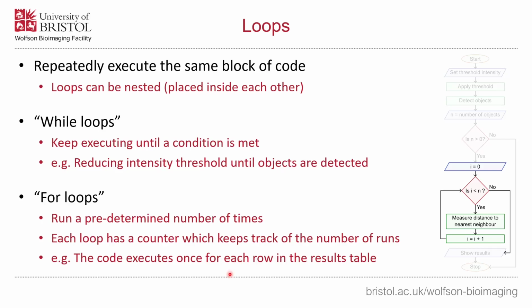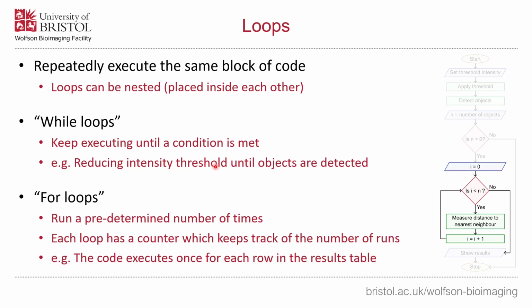One example of this might be if you are automatically detecting an intensity threshold. Say you've got that threshold and it detects it and it says, well, I'm going to use a threshold of 128 intensity units. You run that, you check how many objects you found. You haven't found any objects, so maybe you then drop that threshold by 10%, rerun the object detection, and then test whether or not, again, you've got any objects.